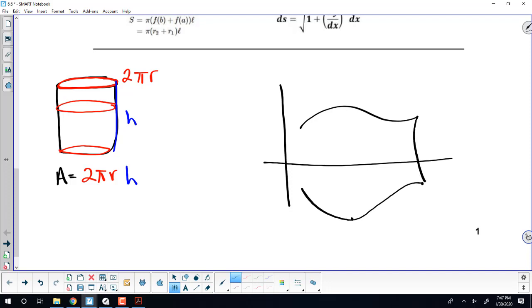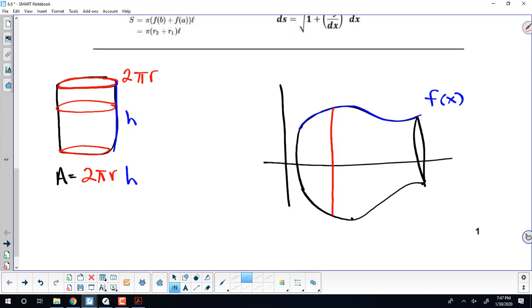So think about that same way when we have a function like this. We're trying to find the surface area of something like that. This is our function, f of x. And so cross sections here, if I make a slice into this solid, what am I actually looking at?